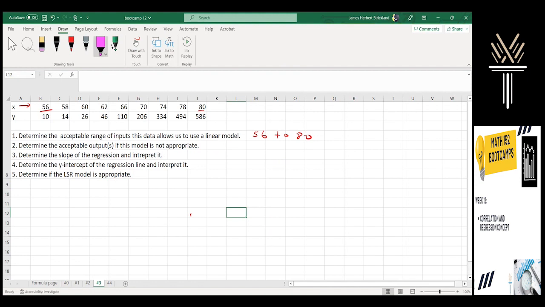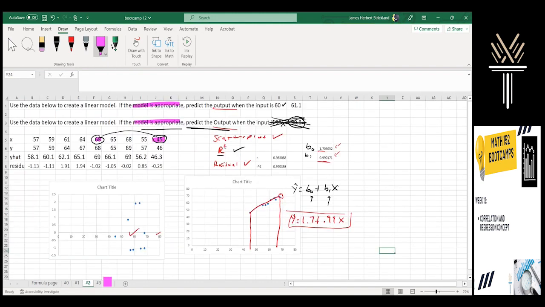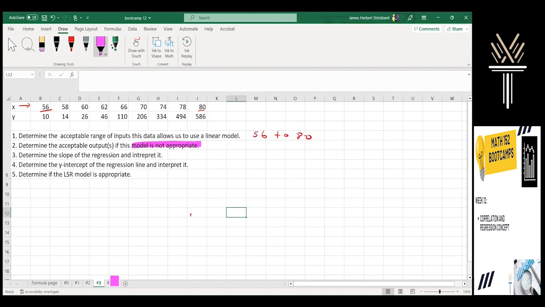So what do we do if we find out a model is not appropriate? In other words, when we went through that whole check, what do we do if we have a bad scatter plot or a bad R-squared or a bad residual? What do we do if we can't use our model? Well, you actually already know this answer.